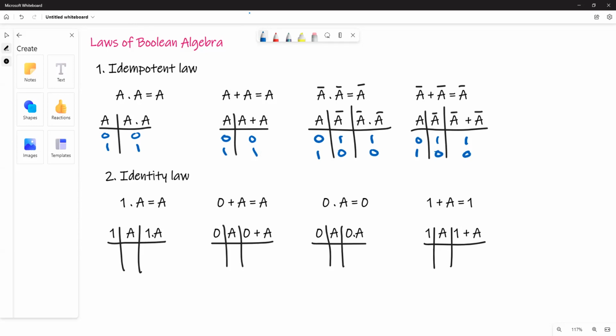For A, we know that we will have 0 and 1. So this is 1 and 1, right? 1 is the same. So now just multiply and see what outcome you are getting. Similarly here we have 0, here we have 0, we have 1. So here we have 0, 0, 0, 1. So here 1, 1, we have 0. Just fill the table and send it to me.